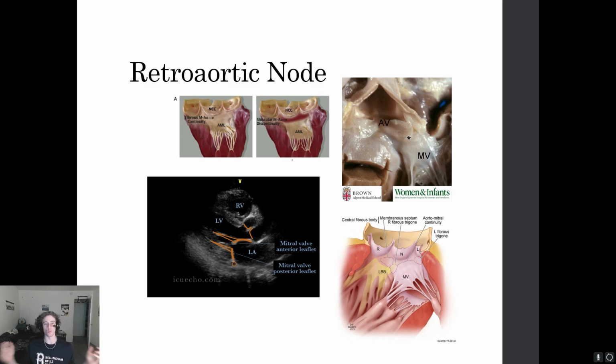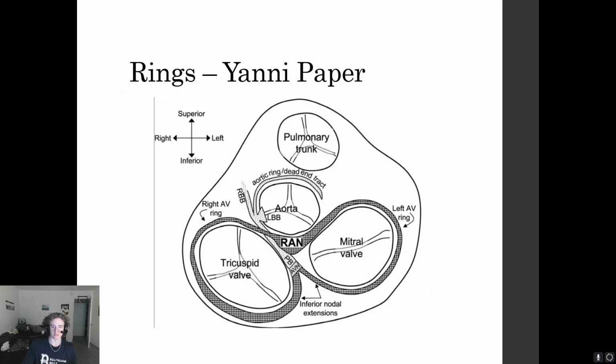Well, we don't know. It's unknown, right? We don't exactly know the function of these rings. We know why they're there, I guess we know how they're there, but we don't exactly know why.